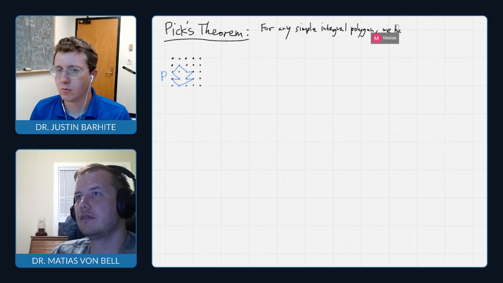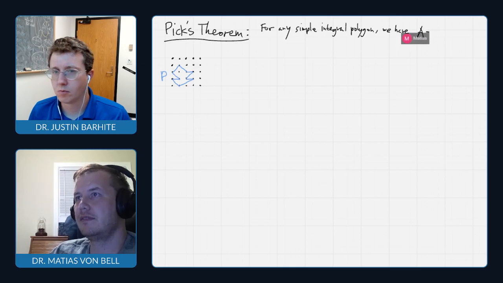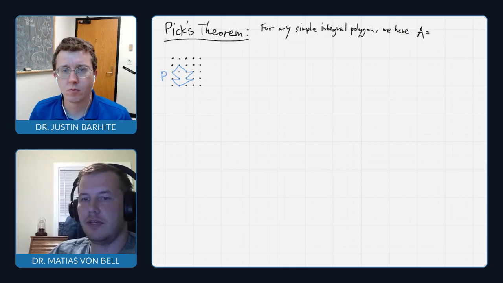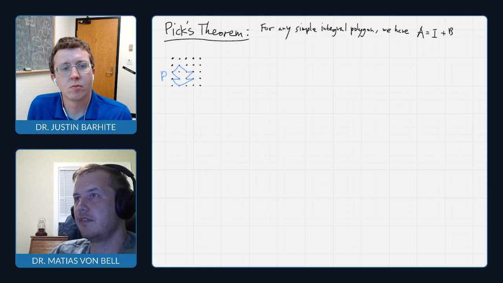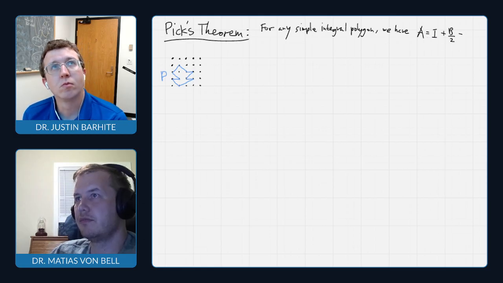We have that its area is equal to the number of interior points plus the number of boundary points over 2, minus 1.